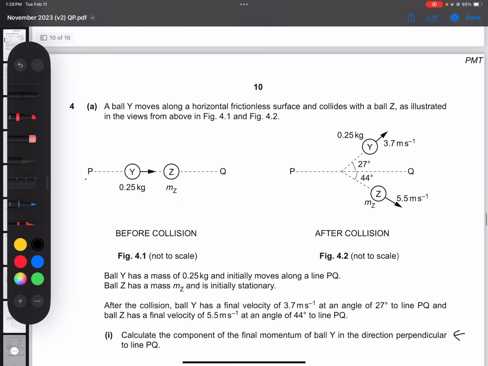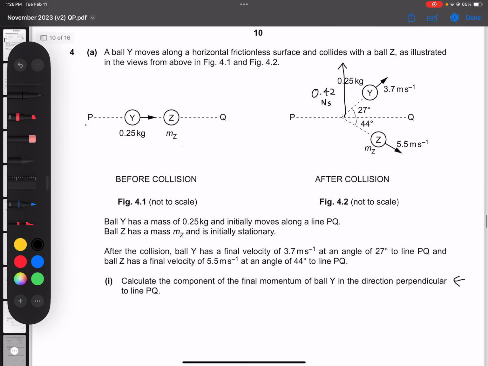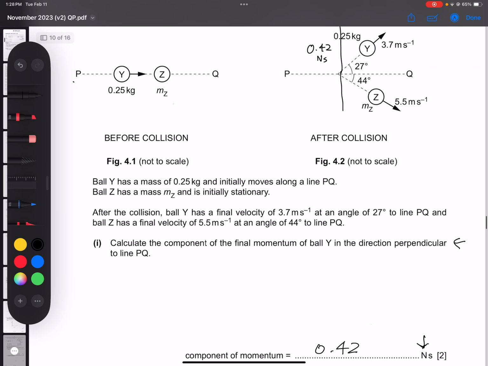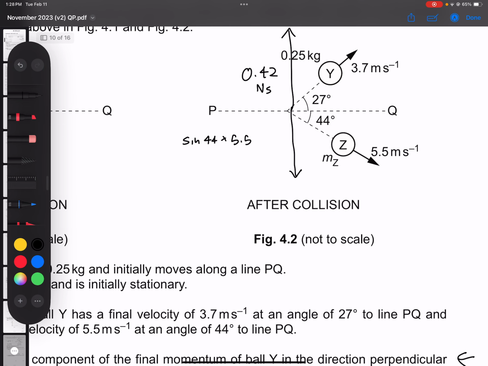So we know that this vertical component is 0.42. We can say Newton seconds, we can say many things. Now, this vertical component, what is that? It's going to be same thing, right? So we're going to say sine 44 into 5.5 into the mass.